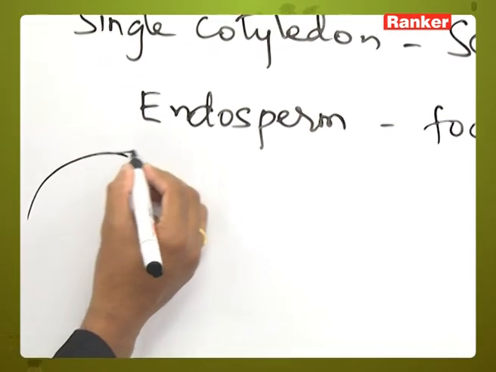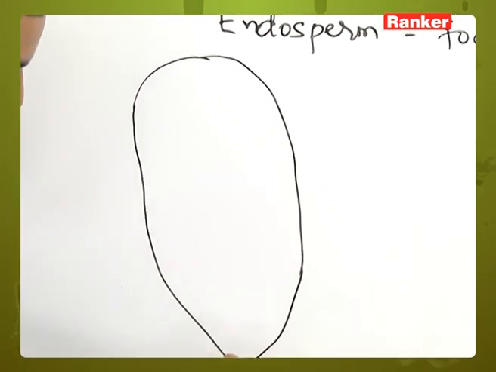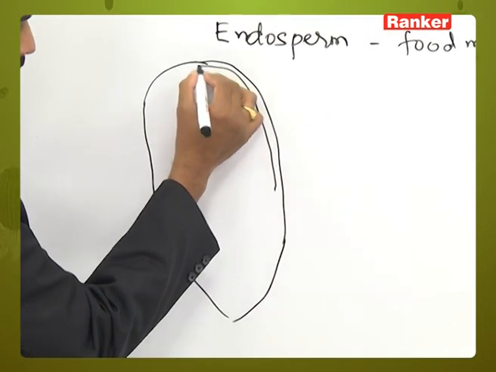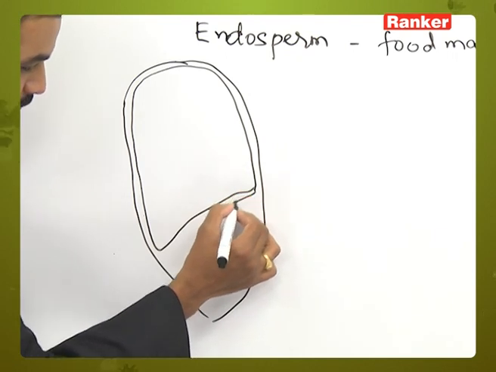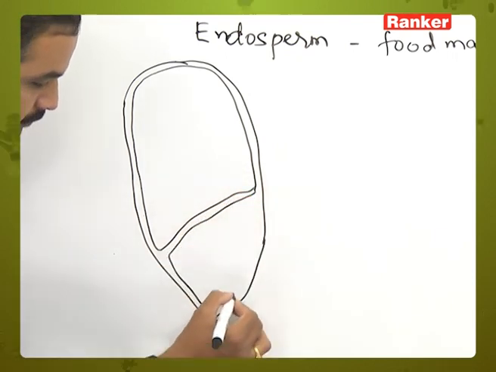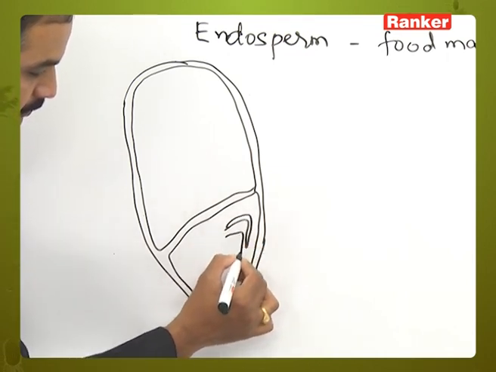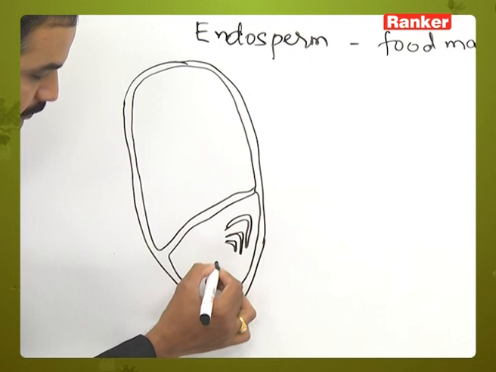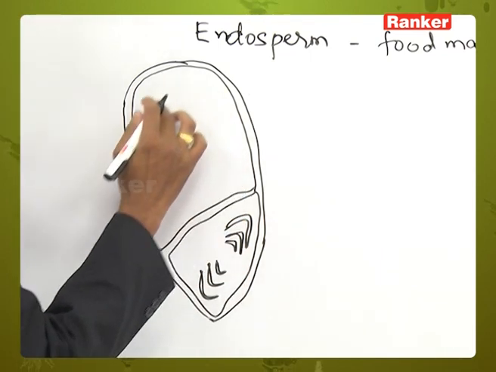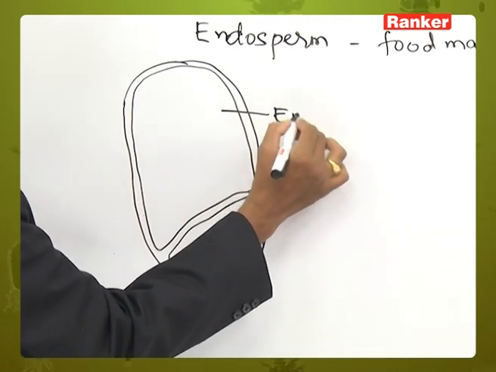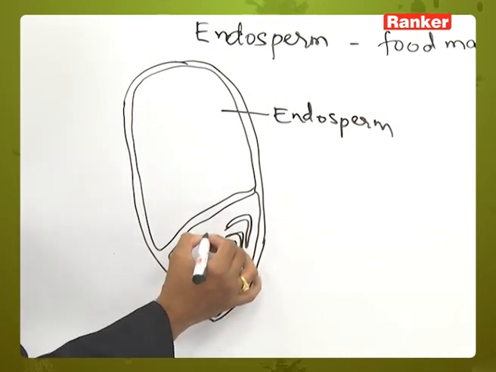If you observe the structure of the seed of monocots, the major portion is occupied by endosperm, and this is the embryo part.